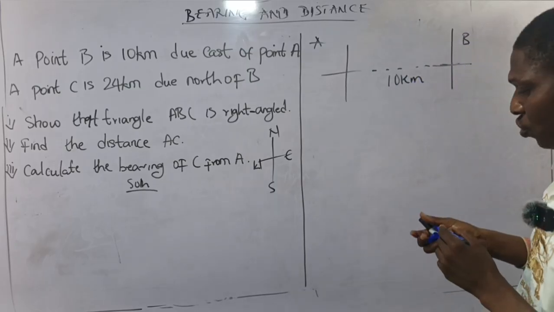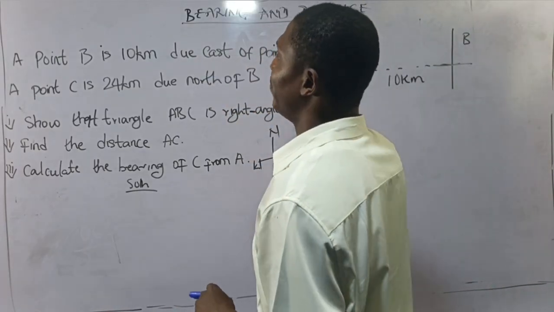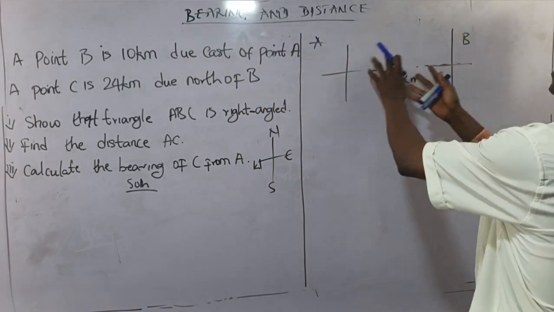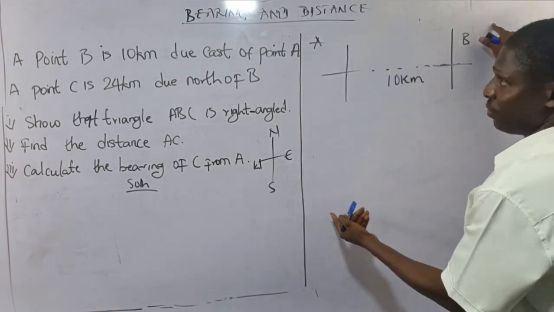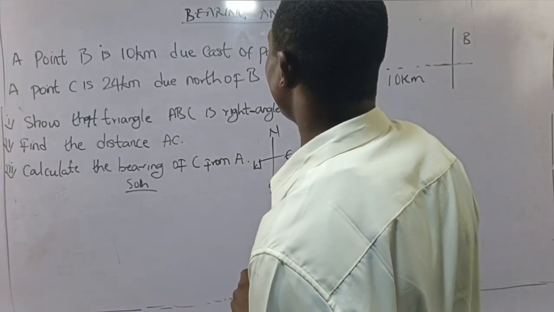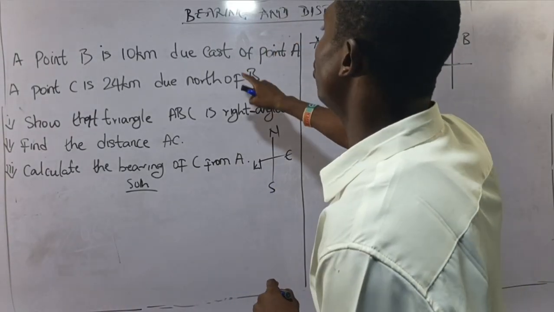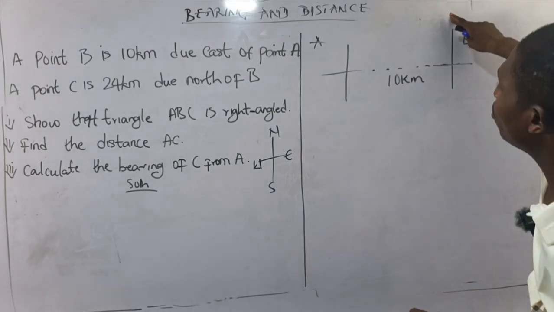If your diagram is wrong, you get it wrong, please. Due east of point A, B is at the east of A. This is my point A, this is my point B. Now, a point C is 24 kilometers due north of B. Here is the north of B. And it's how many kilometers? 24.